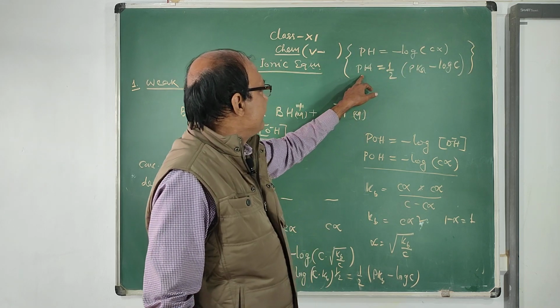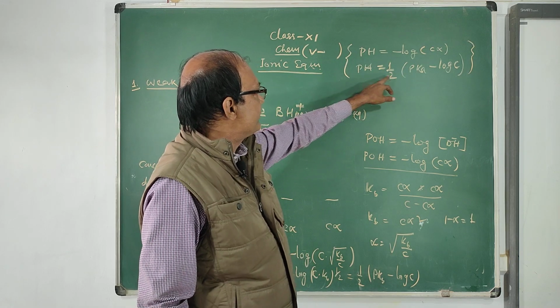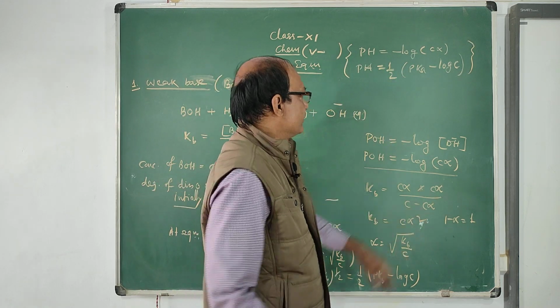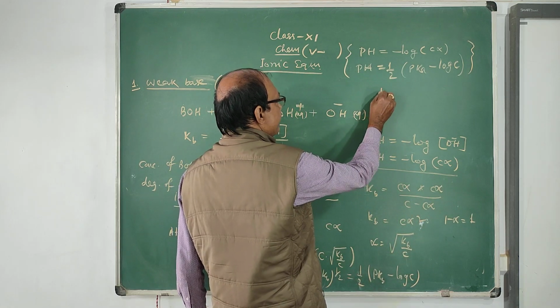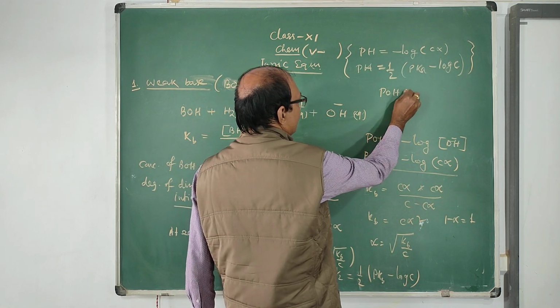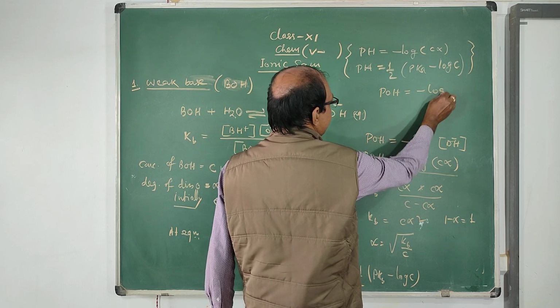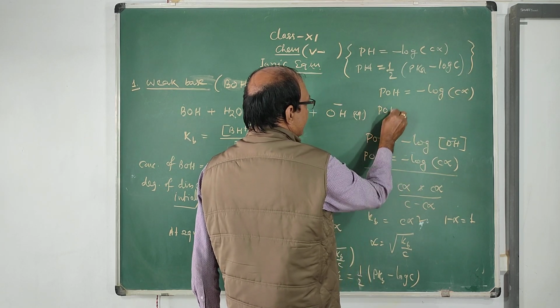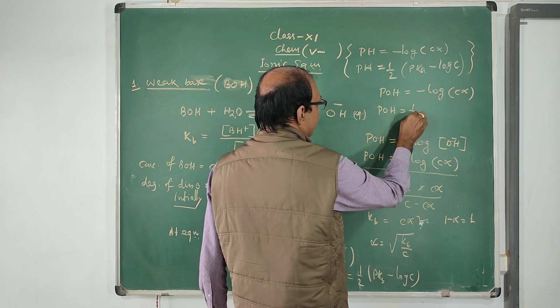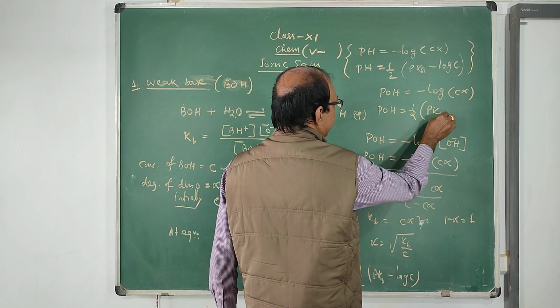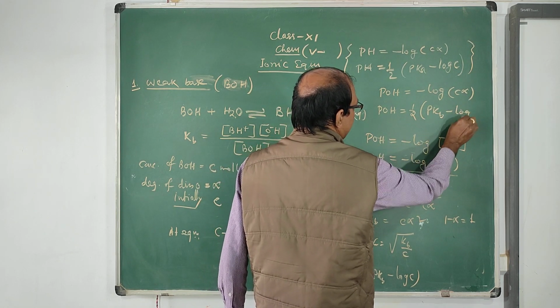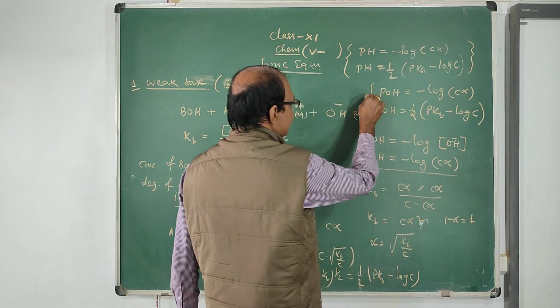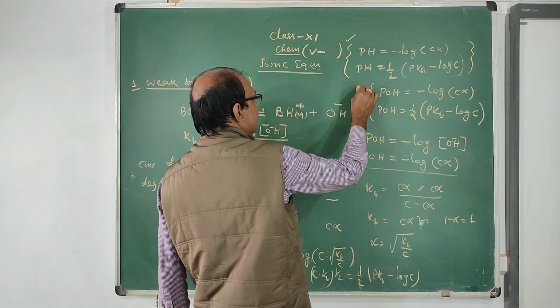So, in case of weak acid, pH equals minus log of C alpha, or pH equals half of pKa minus log C. In case of weak base, pOH equals minus log of C alpha, or pOH equals half of pKb minus log C. Just you see these two formulas. This is number 1, this is number 2.